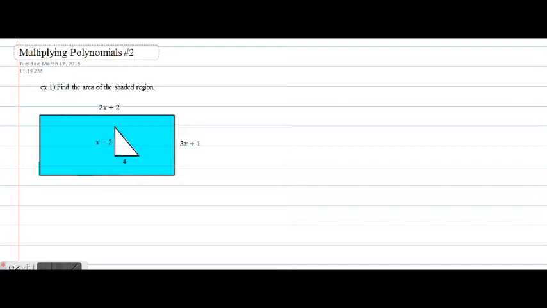Alright, so multiplying polynomials, second day. I want to start off with this find the area of a shaded region. We have this rectangle with a triangle inside of it.